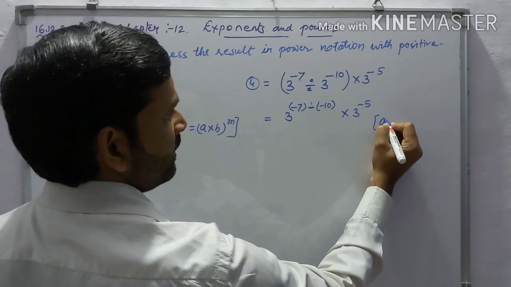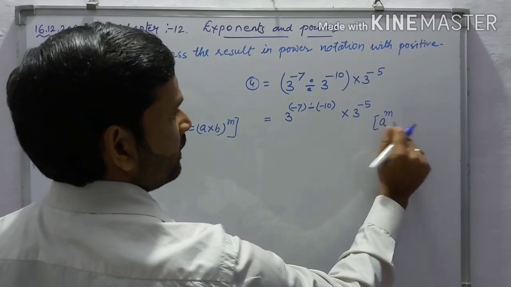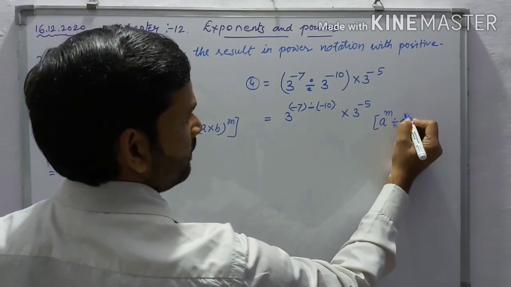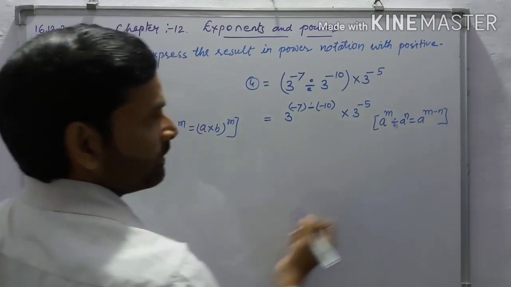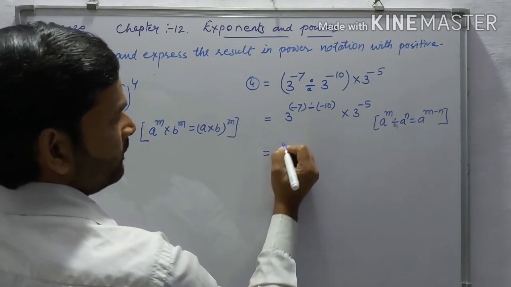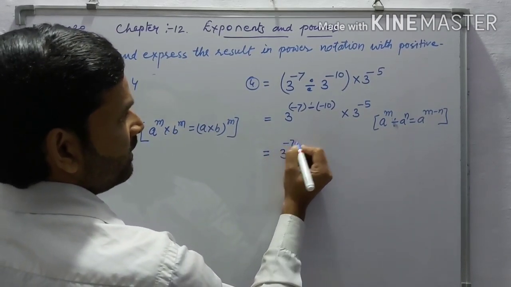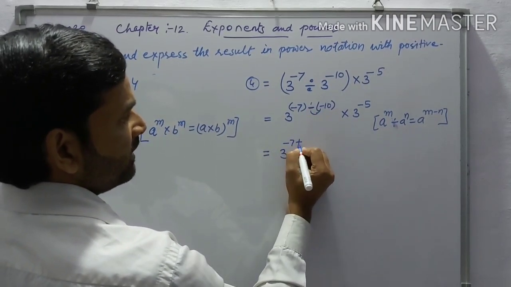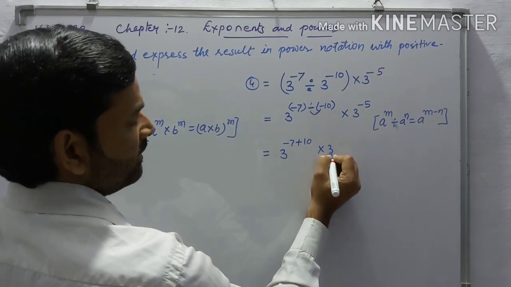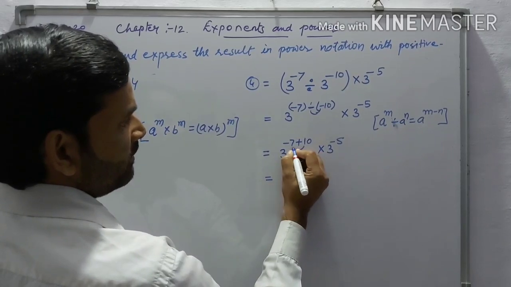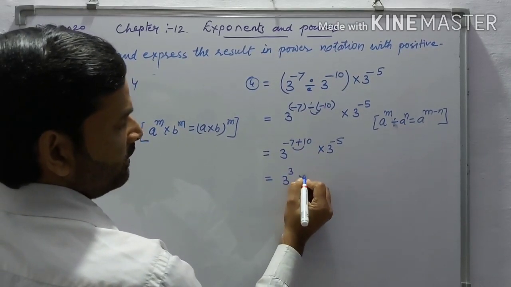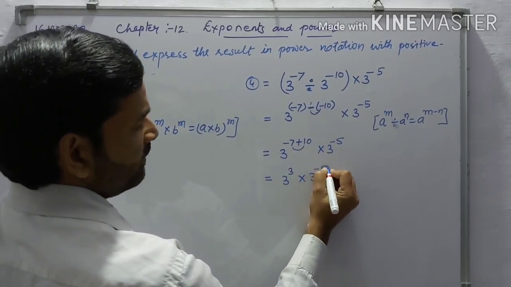We use a^m divided by a^n is equal to a^(m−n). So it becomes 3 power minus 7 plus 10, which is 3 power 3, into 3 power minus 5.